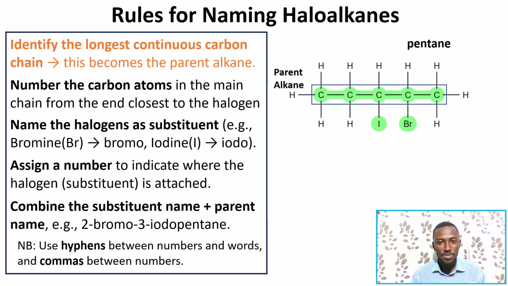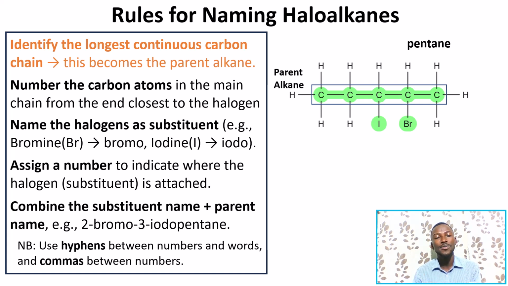Why is it called pentane? Because it has 5 carbons: 1, 2, 3, 4, 5. If you are not too sure how we came up with pentane, then there is a link to the video on how to name straight chain alkanes. I think that will clear all your doubts. Then you can come back and continue with this.